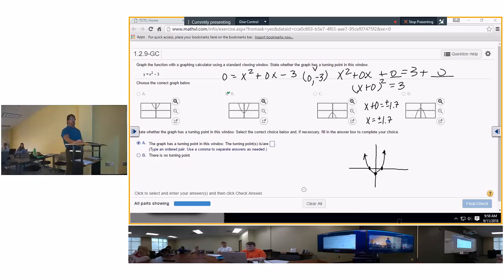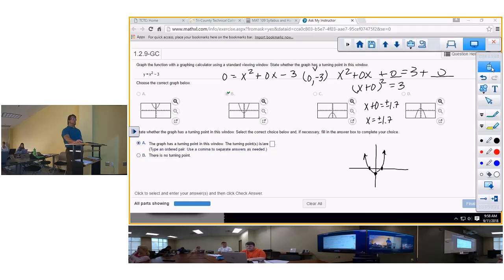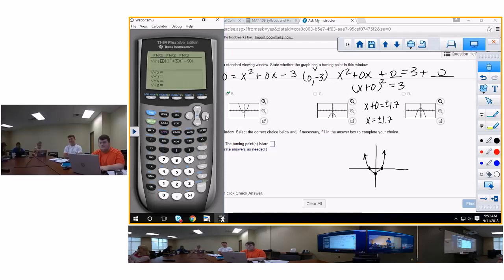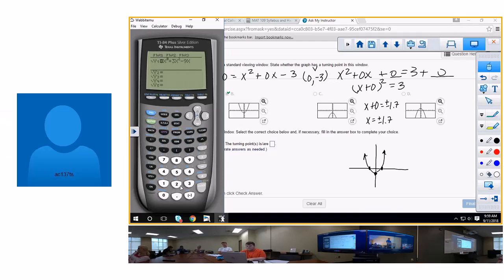Take your calculator, if I can find it. X squared minus 3. Y is equal to x squared. I tell y'all I hate calculators. And I'm a technology nut, but I hate calculators. Plus what? Is it plus 3 or minus 3? Minus 3?